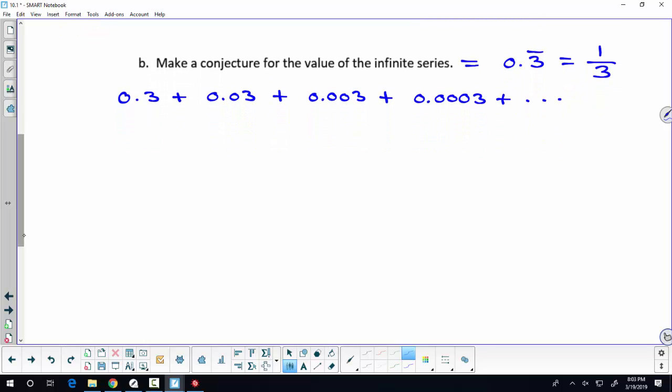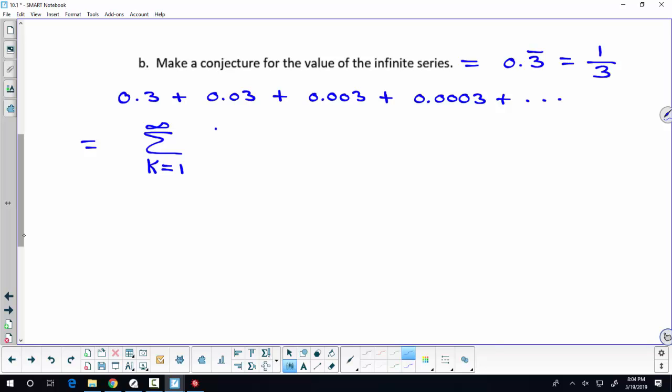If we wanted to express this in closed form, as the sum from k equals 1 to infinity, how could we express that? 3 over 10 to the k.